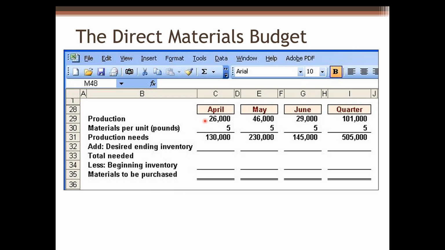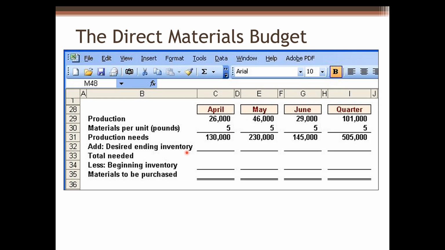For each month, we multiply the required production in units by 5 pounds, and we get materials needed in pounds. So 26,000 multiplied by 5 is 130,000. This is the material required in pounds to produce 26,000 units.